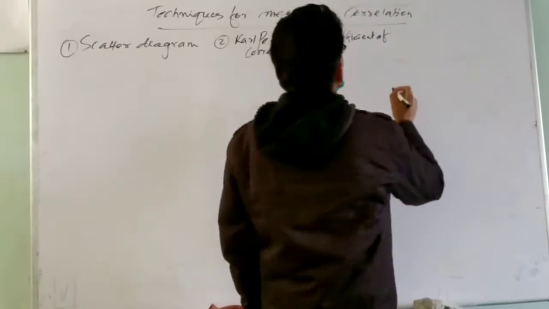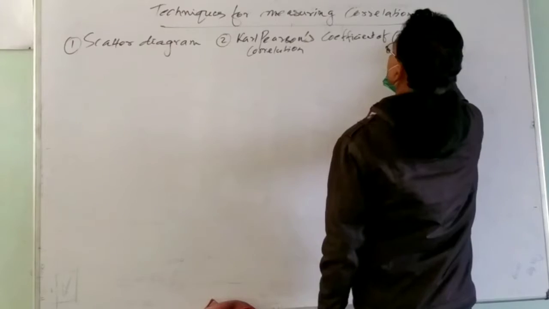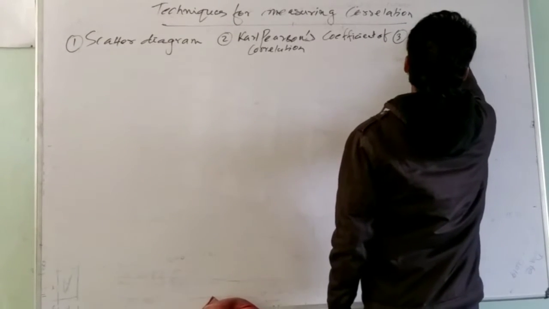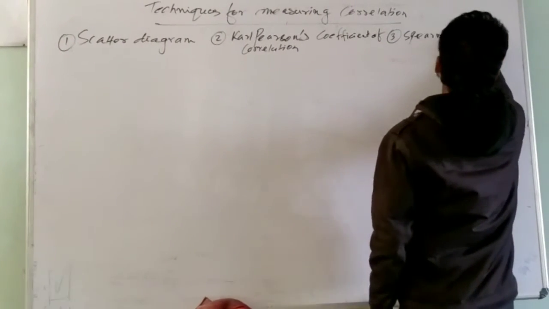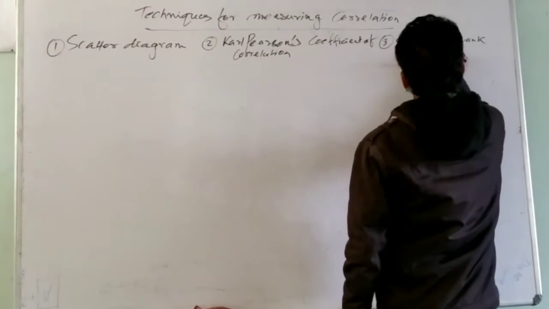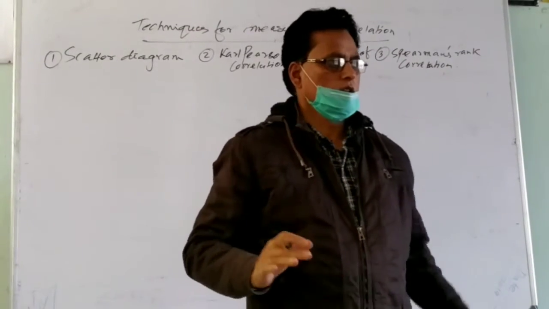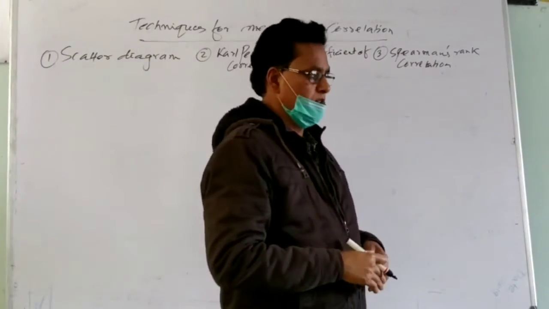And the third one is known as Spearman's rank correlation. So these are the three methods used in measuring the correlation, in measuring the relation between two variables.